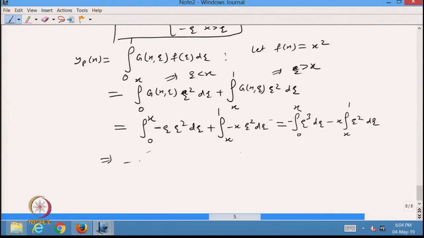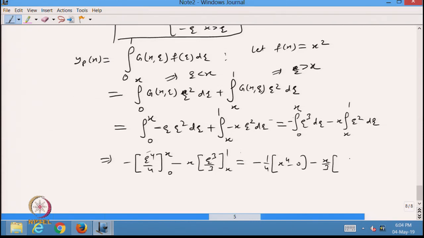So, from here I will get xi to the power 4 by 4, applying the limits, minus x times xi cube by 3 from x to 1. So, it will be x power 4 by 4 minus 0, minus x by 3 times (1 minus x cube).